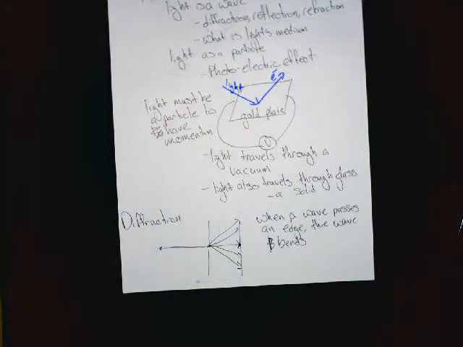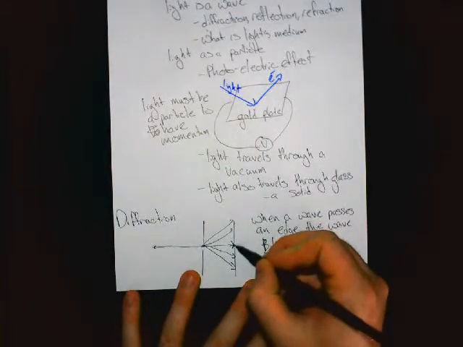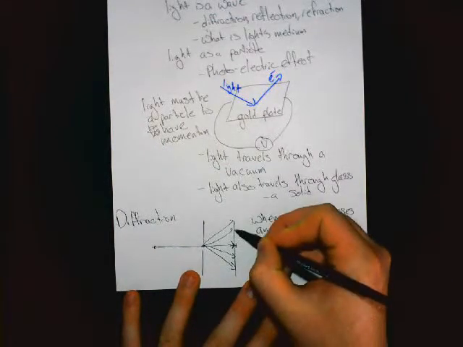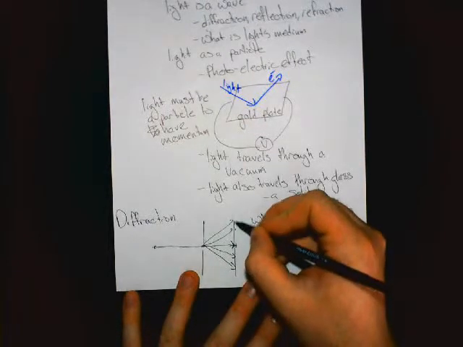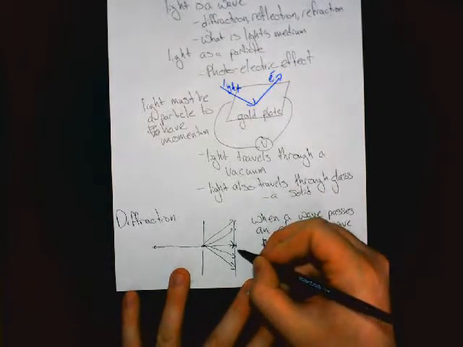They're dim by comparison, but there are a couple of bright spots. So you should be seeing a bright spot, a dark spot, a relatively dim spot, a dark spot, and then one more bright spot on each side.